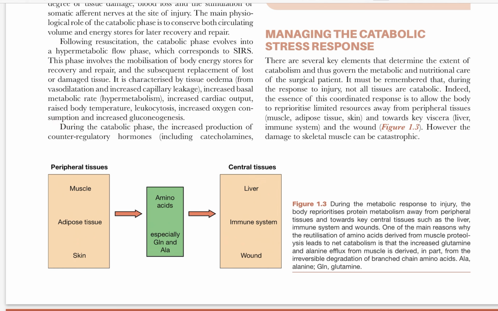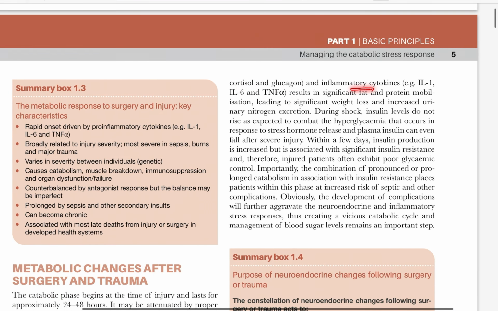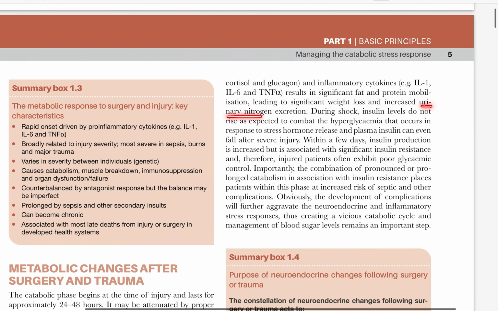During the catabolic phase, the increased production of counter-regulatory hormones, including catecholamines, cortisol, and glucagon, and inflammatory cytokines such as IL-1, IL-6, and TNF-alpha, results in significant fat and protein metabolism, leading to significant weight loss and increased urinary nitrogen excretion.